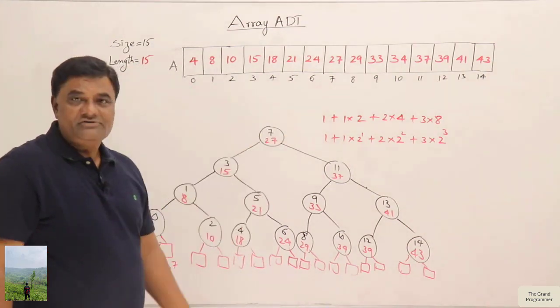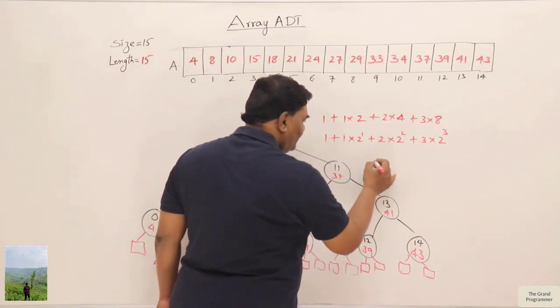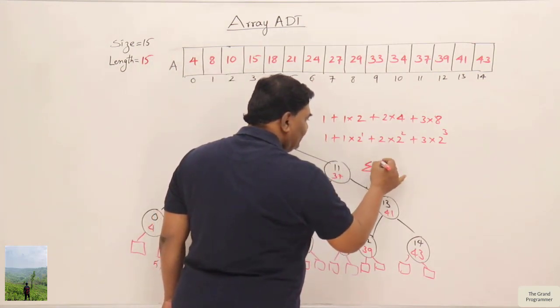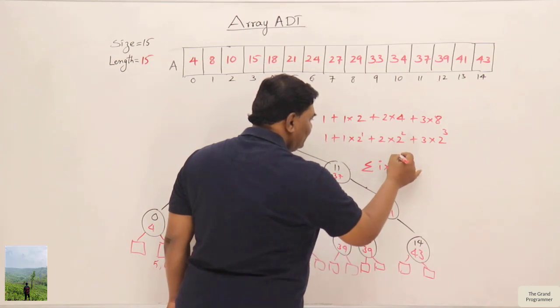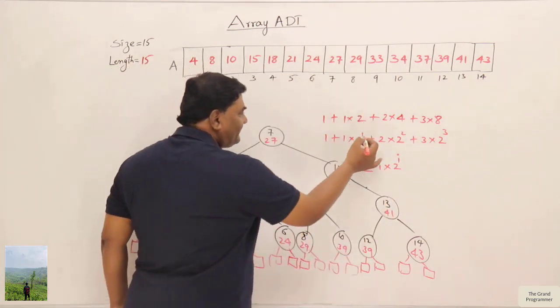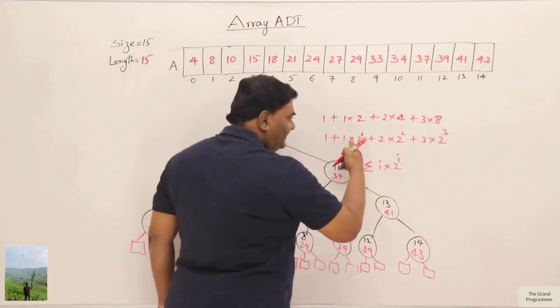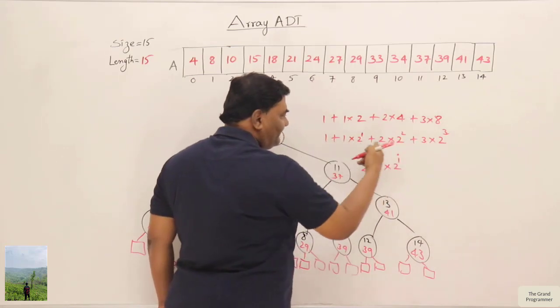So it is written in terms of powers of 2. Now this can be written as the sum of i into 2 power i. How is i taking values? Here i is power 1, power 2, power 3. Just ignore this 1. So we can have a summation formula from these terms.